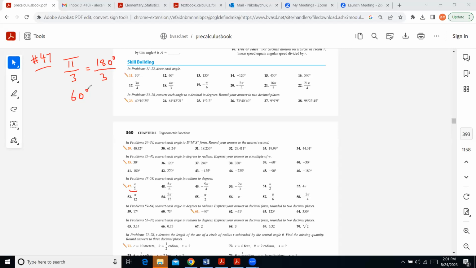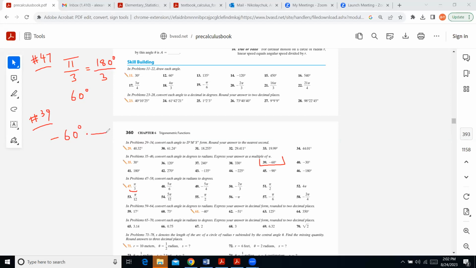That's the idea. And if you go backwards from degrees to radians, let's say, try problem number 39 with negative 60 degrees angle. So looks like that negative is gonna stay with us, and negative 60 degrees, how do you produce this in radians?